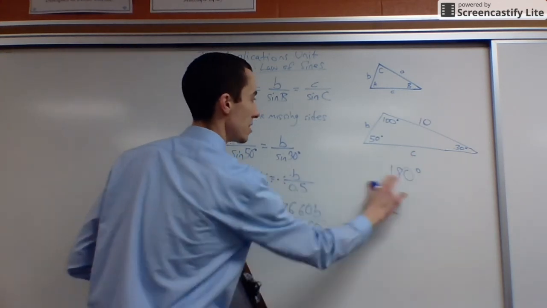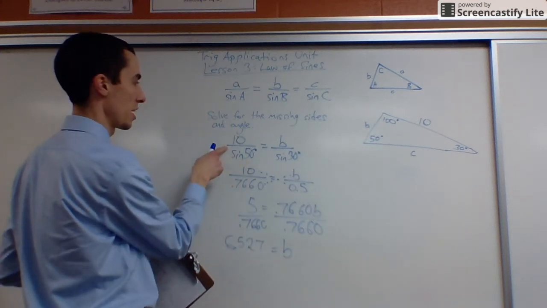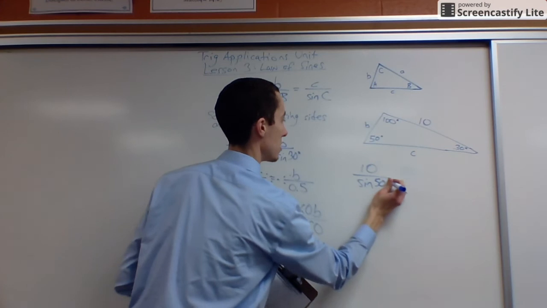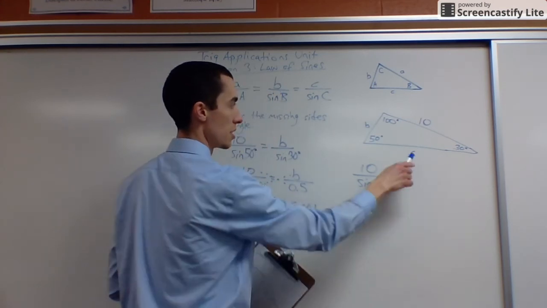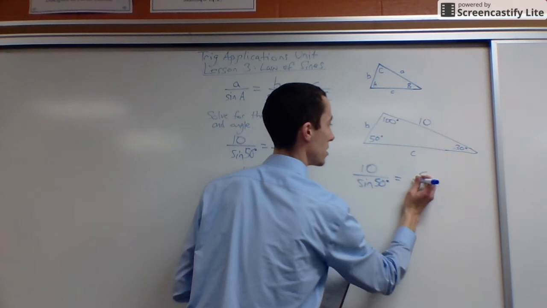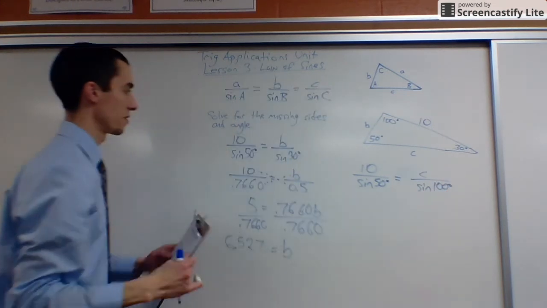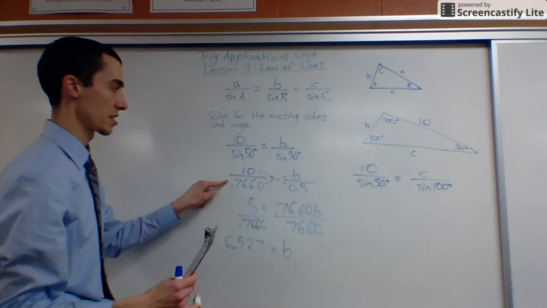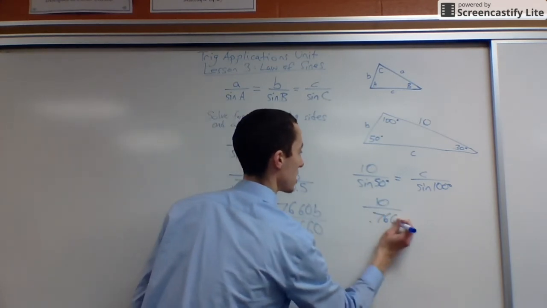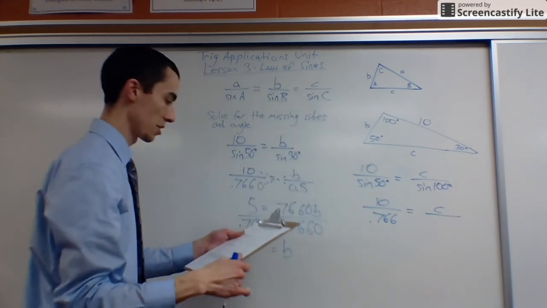Now we need to find side C. So we can use the same ratio, 10 to the sine of 50 is now going to equal side C over the sine of 100. We already figured out that the sine of 50 is 0.766. I'm going to just write 0.766 without the 0, over the sine of 100.